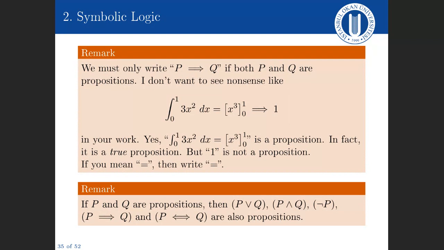First part is okay. The part in the orange box is a proposition. In fact, this is a true proposition. The problem is 1. 1 is not a proposition. We can't write implies 1 because 1 is not a proposition. What we wanted just here was an equal sign.